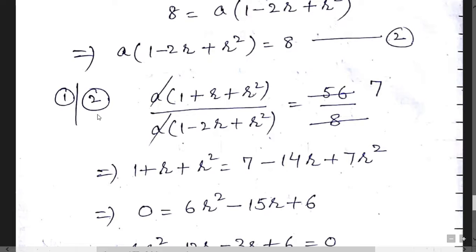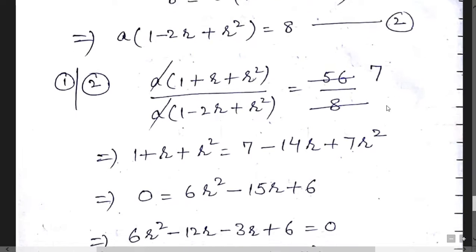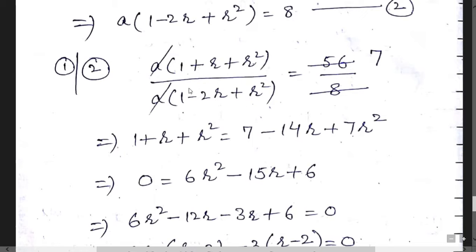Then 1 divided by 2. The first is a into (1 plus r square) divided by a into (1 minus 2r plus r square). It's 56 divided by 8. The answer is 7. Then multiply the denominator term on the right hand side.